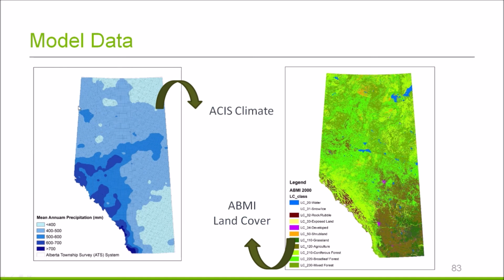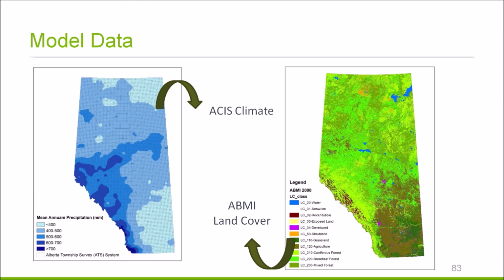So we have used Alberta Agriculture and Forestry ACIS, which is Alberta Climate Information Services. They provide grid-based and township grid-based daily climate data from 1961 all the way to 2016.